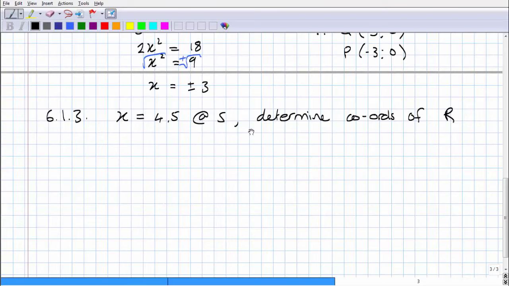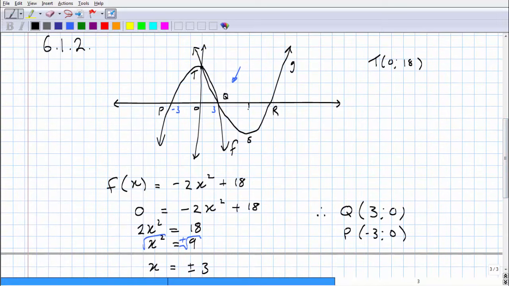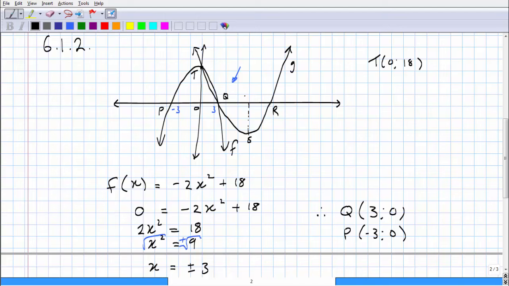Now, they're saying that at S, at this point here, we have 4.5. That's our x value.